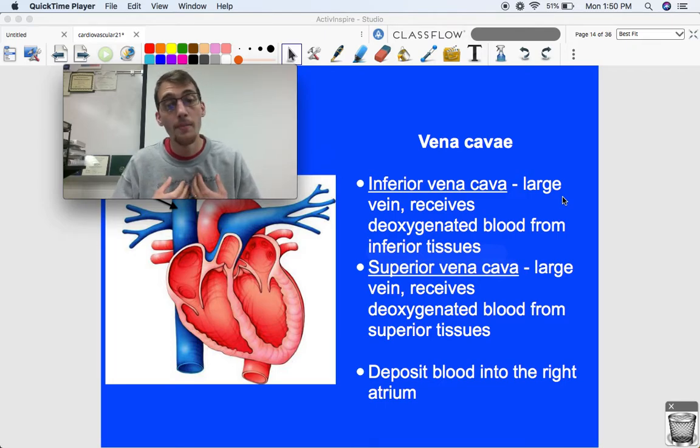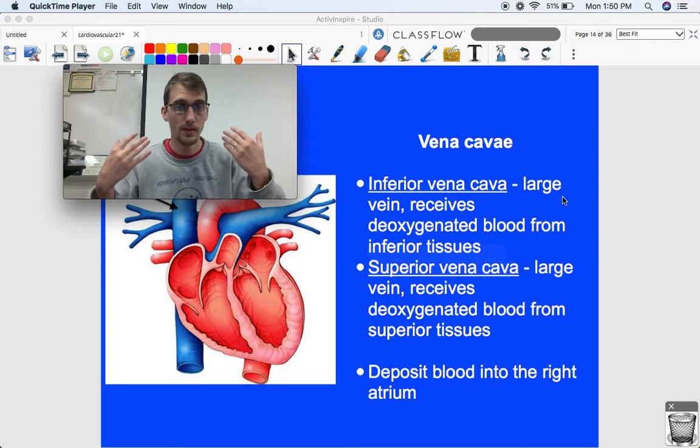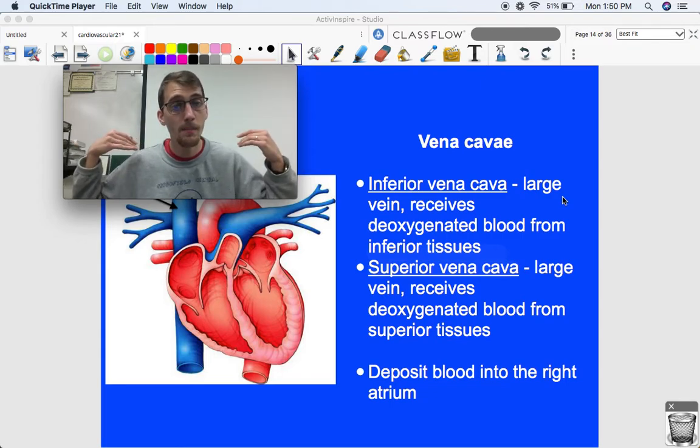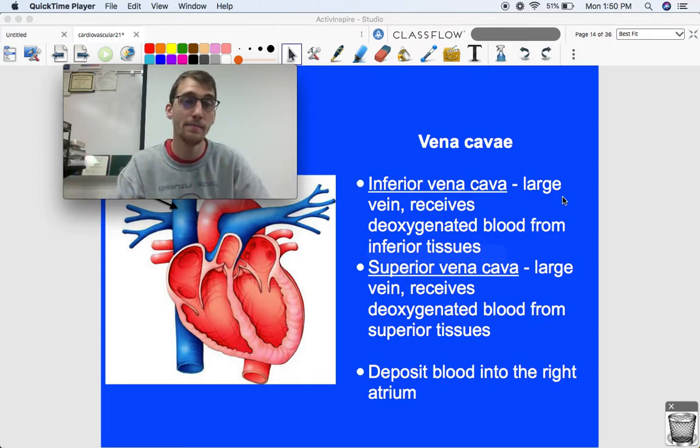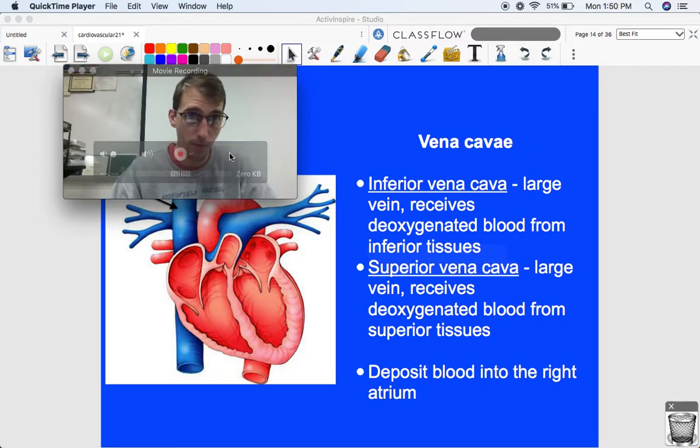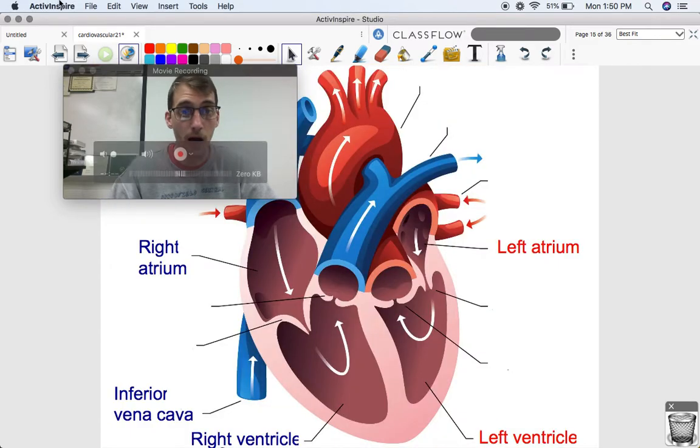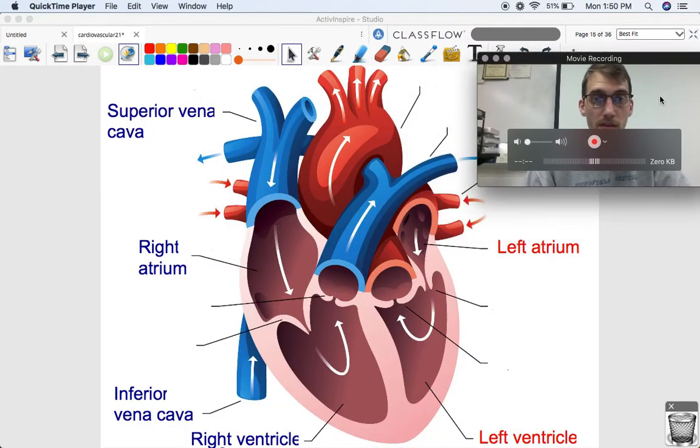The superior vena cava is above it, and it's going to collect blood from your arms and from your head and brain. And that's going to be dropped off into the right atrium. So the inferior vena cava and the superior vena cava are both going to be depositing deoxygenated blood into the right atrium.